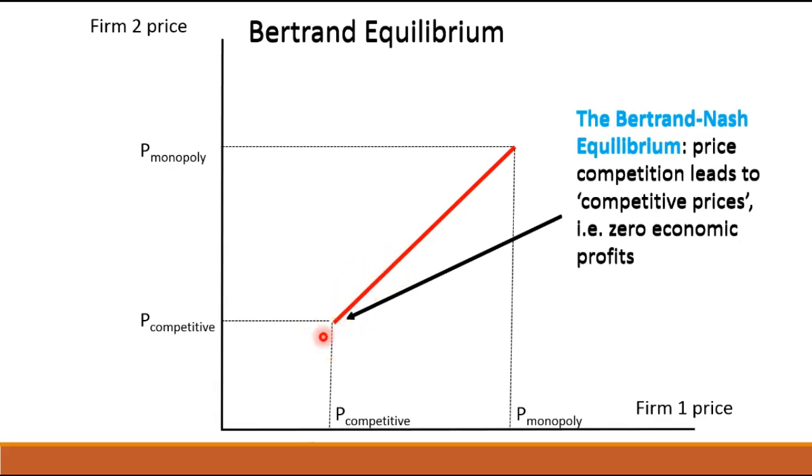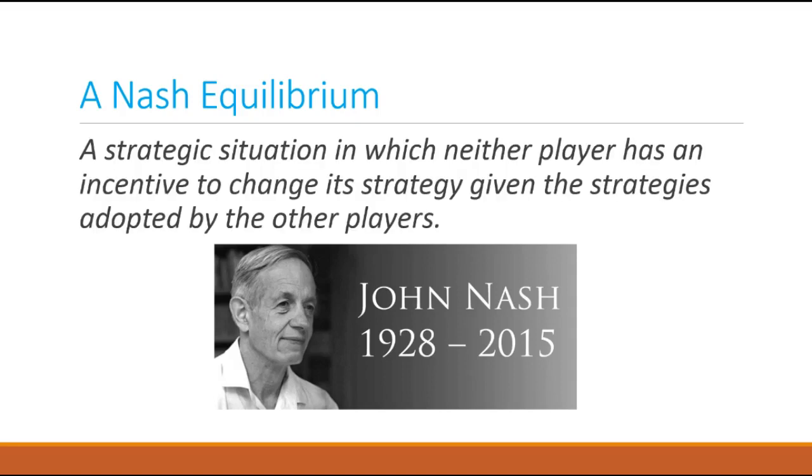But once we reach the competitive equilibrium, nobody has any incentive to cut the price further. That would lead to losses, and I guess we can assume that predatory pricing is not going to work here. So that situation is a Nash equilibrium.